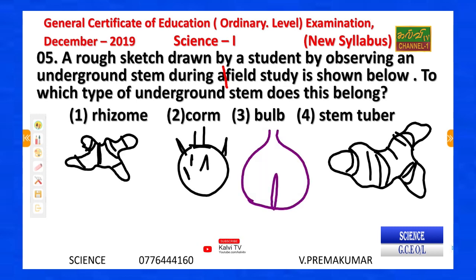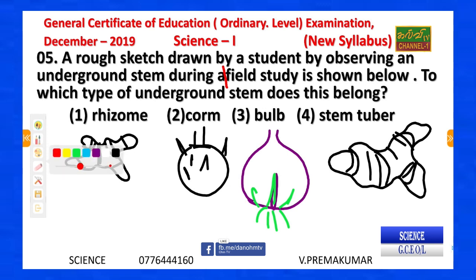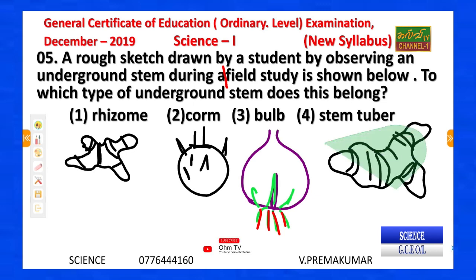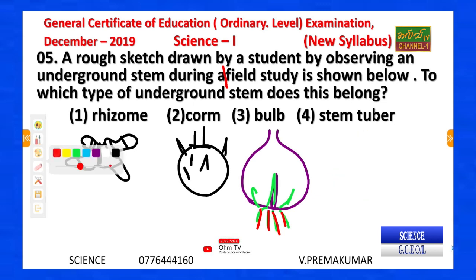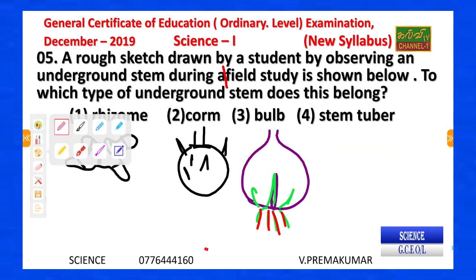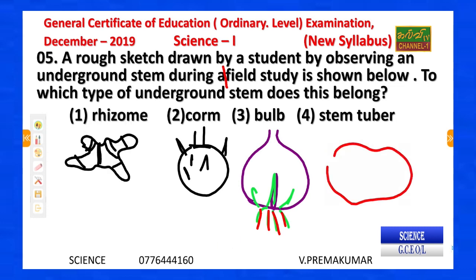Onion is called a bulb, right? And stem tuber is a different one. Stem tuber is potato, right? Potato also has small nodes. It can develop new buds from this. So potato, and bulb, onions. Corm, banana, right? And rhizomes, ginger, right?